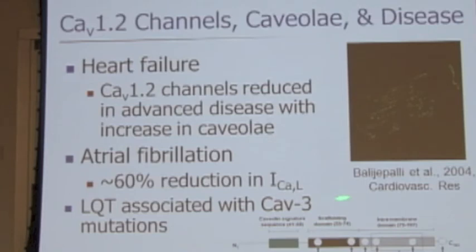And finally, I'll tell you about some of our data looking at CAV3 mutations, and this is stemming from a collaborative study from Vatta et al., done with many patients from Mike Ackerman's clinical program, studying inherited arrhythmias with John Mikulski.